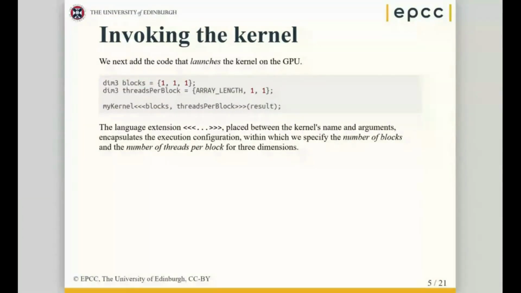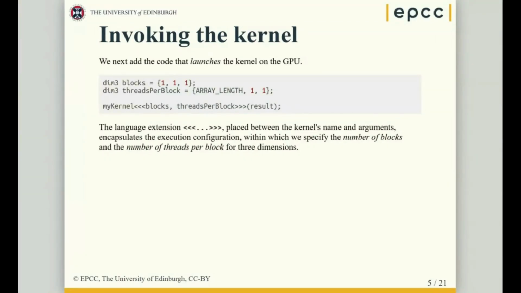It's because blocks is of type dim3. Here we are executing on a 1D array, but we could work with a matrix, or with a 3D array. In that case, I need to specify the number of blocks in the X, Y, and Z directions. But in this case, because we are using only one block, I specify 1, 1, 1.